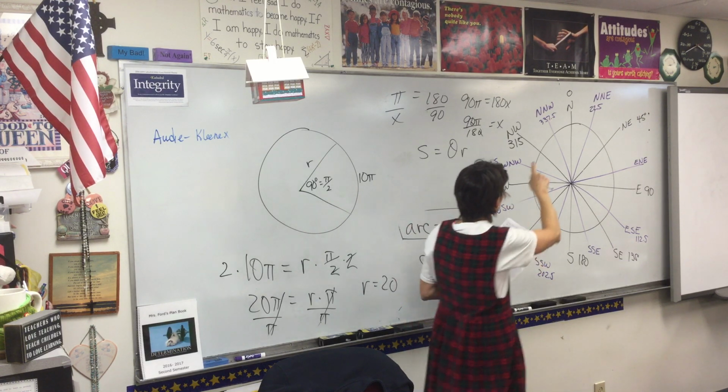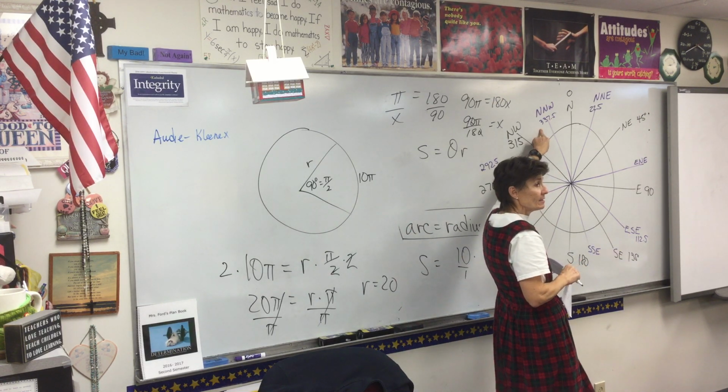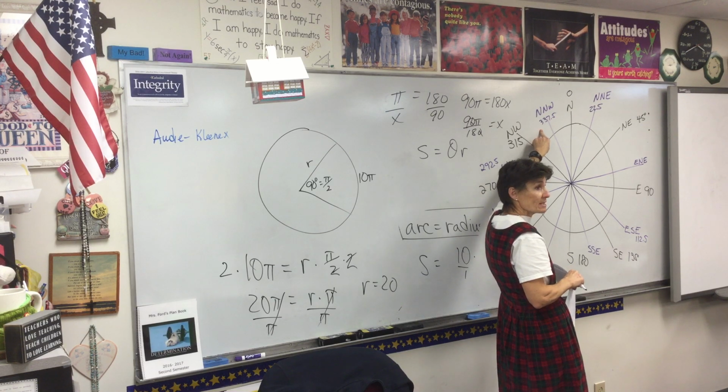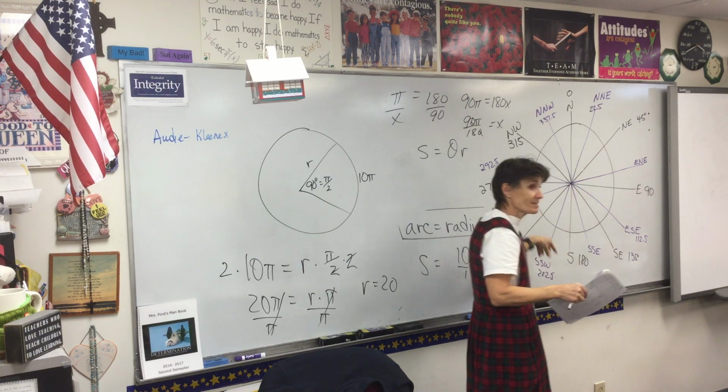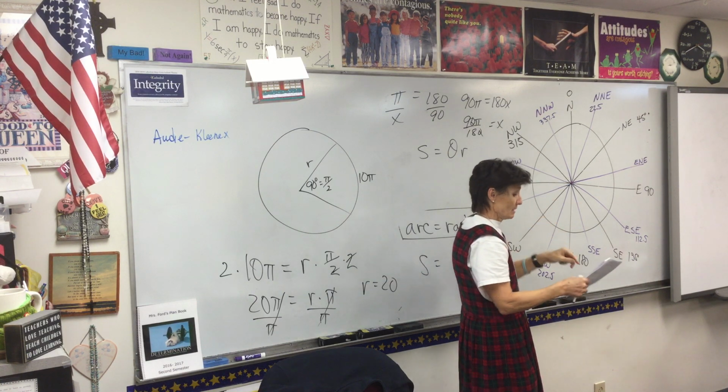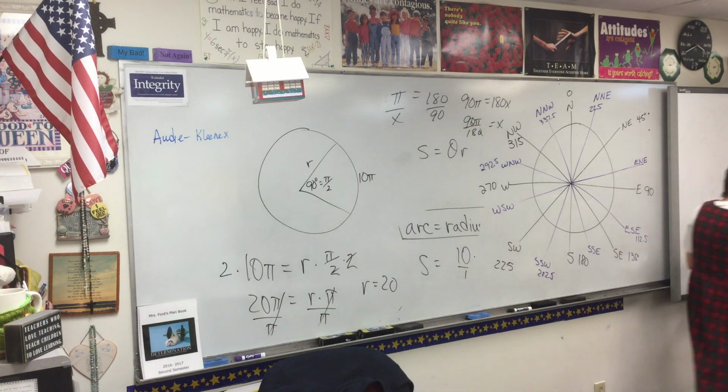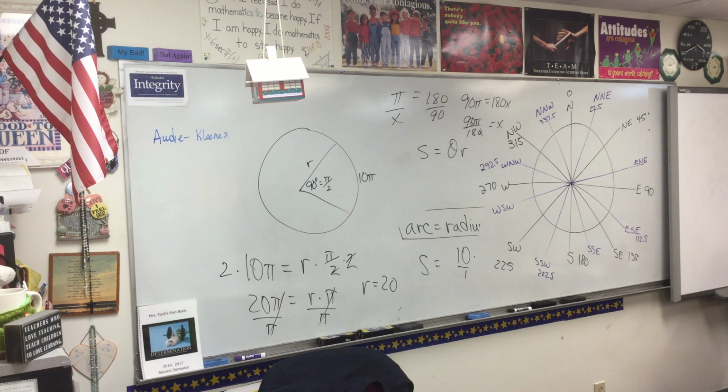And then northwest, we already did. Northwest would be 337.5. Okay, everybody get the general gist of this? Okay, so I'm gonna stop there. Very easy. And now we're gonna pick up with our review.